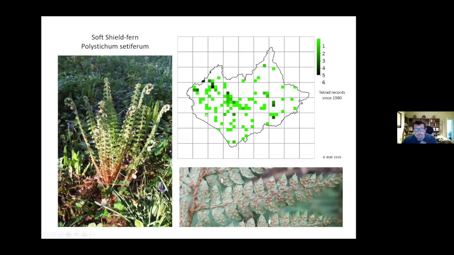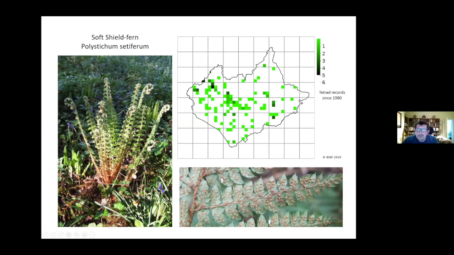The shield fern. This is quite an interesting fern. When it's young, it puts out these little fronds, and they bend over like this, and all the ones at the side bend over, so it looks quite droopy.